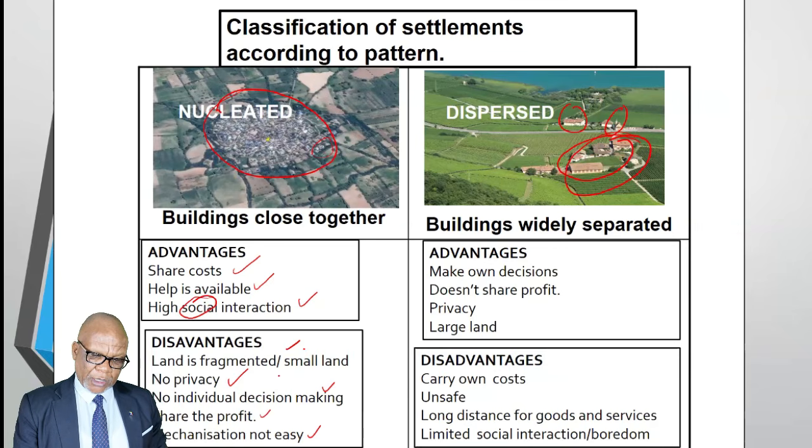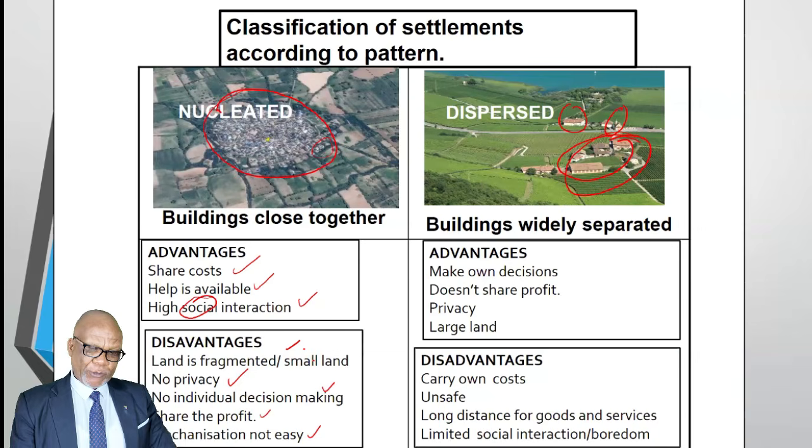Now, you can change this. As it is fragmented or small land, it becomes social. But you can change the social and make it economic by explaining it further. No privacy. So that one is outright social. No individual decision making. That is outright social. Share the profit.